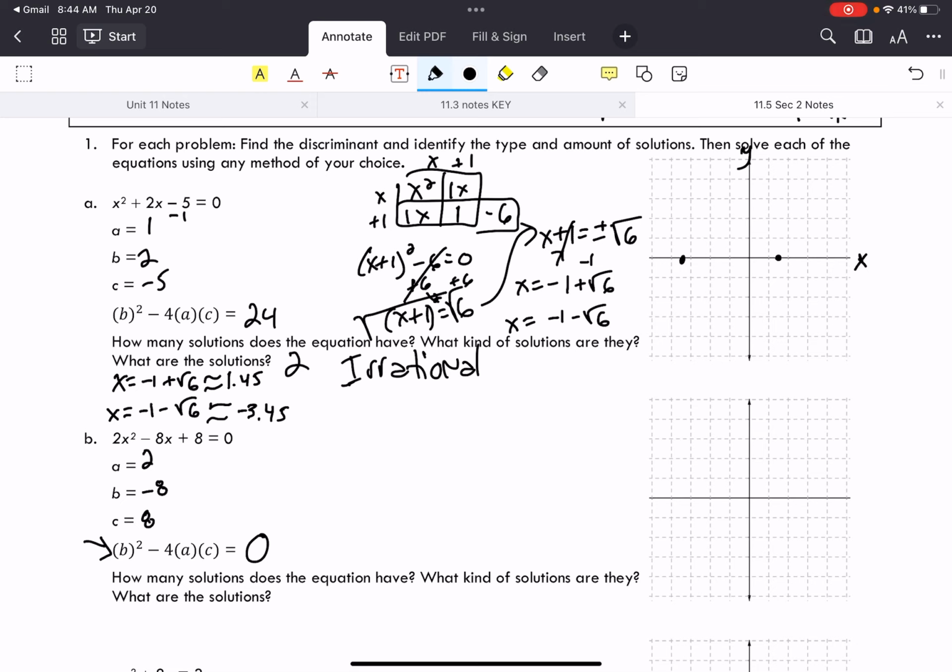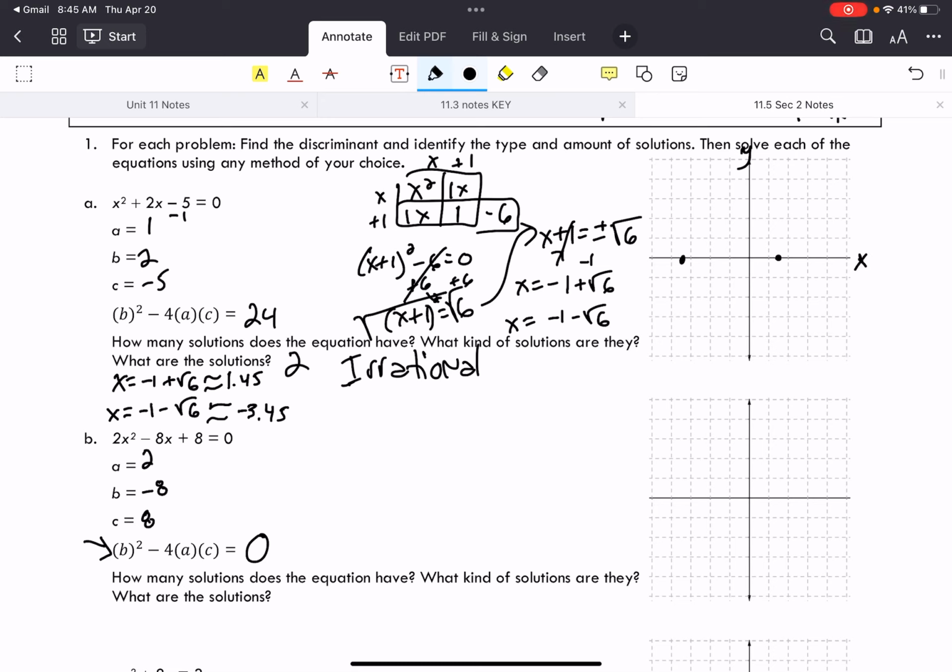So, anyone remember what it means when my discriminant is 0? One answer, multiplicity of 2. So one answer twice. So remember what that means, you guys, is we're going to have to factor it, and it's going to be the same factor.